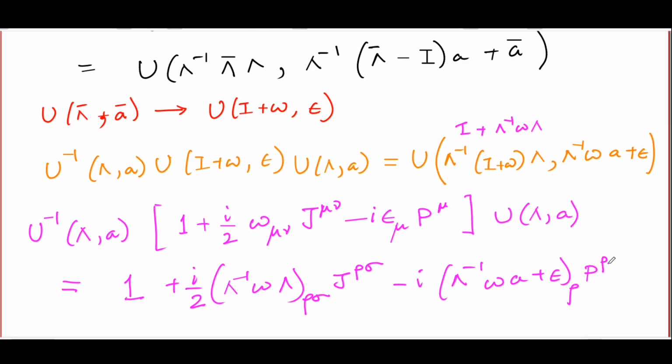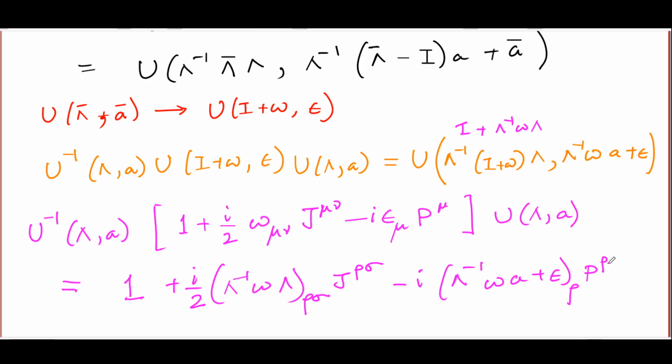I have deliberately changed the dummy index on the right hand side from mu nu to rho sigma because we want the omega to have mu nu and epsilon to have mu as index. We will soon see how that can be achieved.